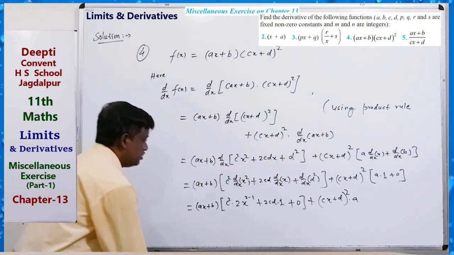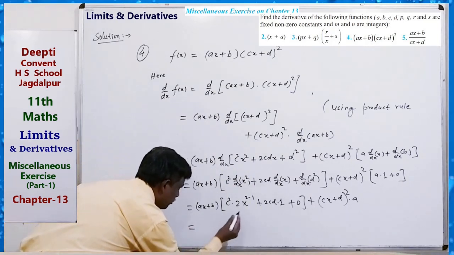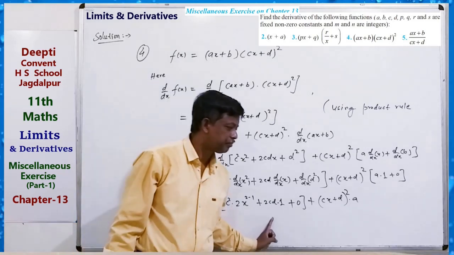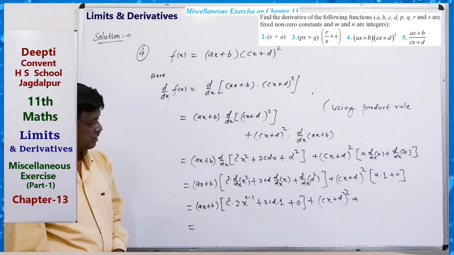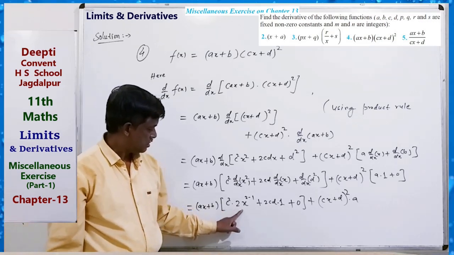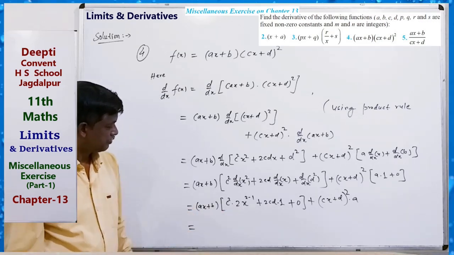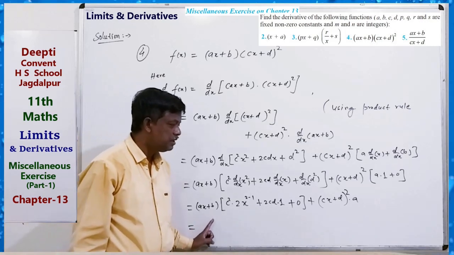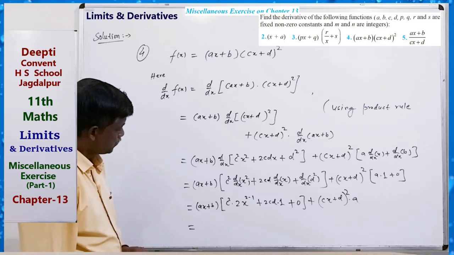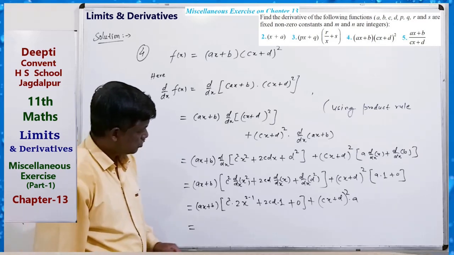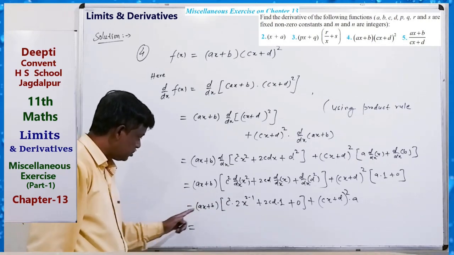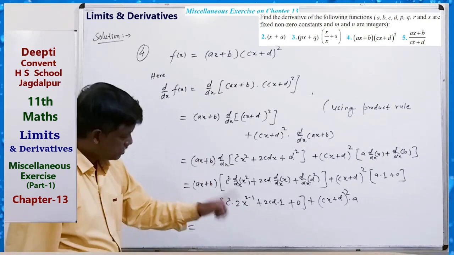Okay, now our final value, just multiply it. We can write what? Here, just see that x is here. So (ax + b) into, c can be taken common, 2 also can be taken common, (cx + d).